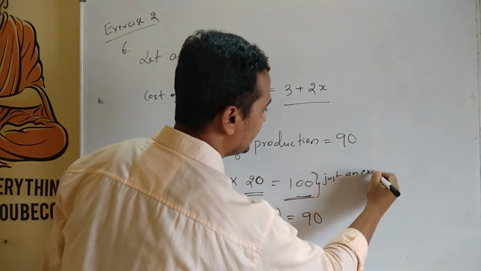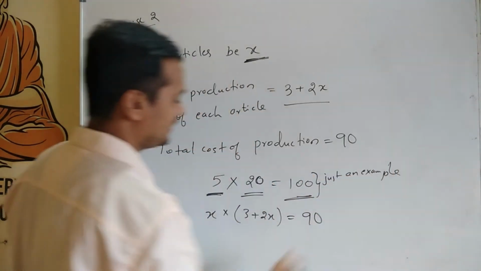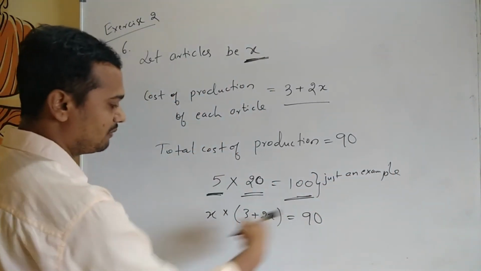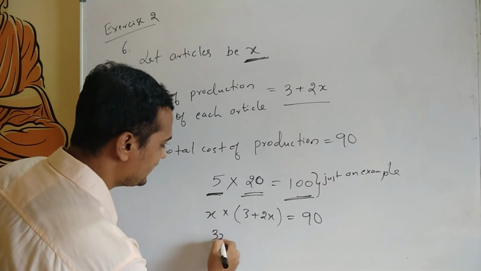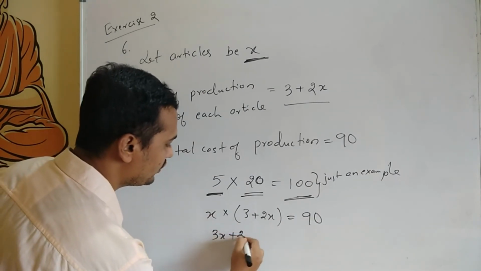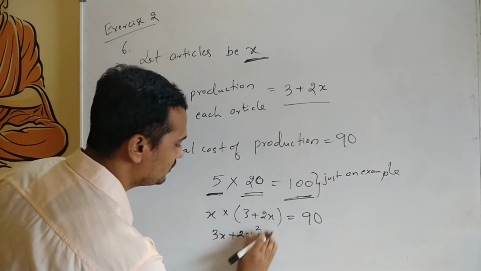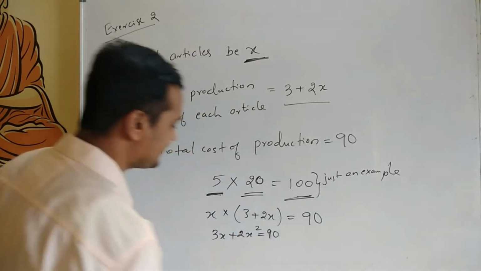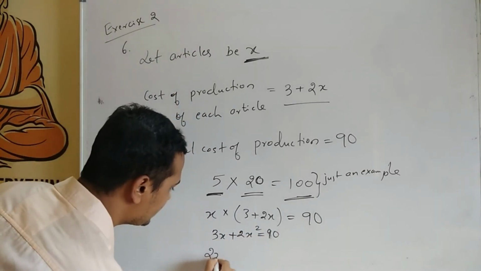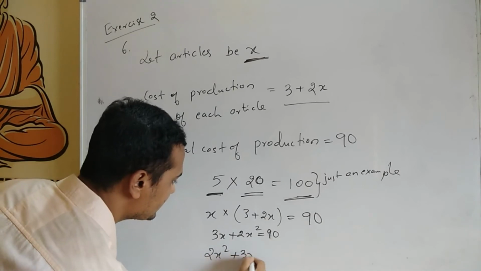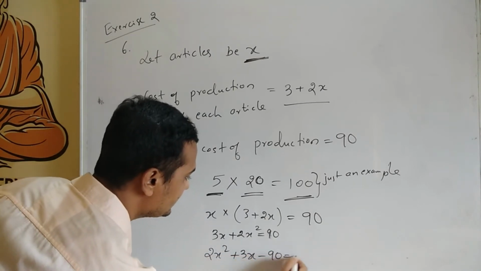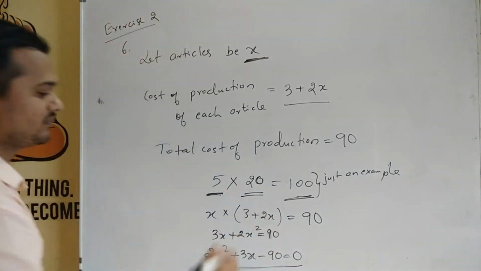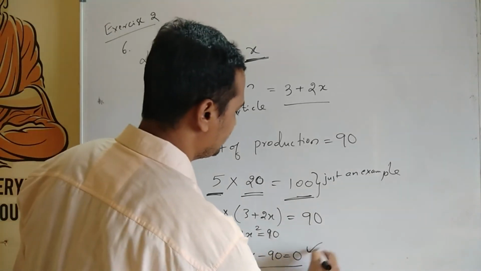So now multiply this one: 3 into x, 3x, x into 2x, 2x square, which is equal to 90. Now keep it in standard form. First x square, that is 2x square plus 3x minus 90 is equal to 0. Okay, so this is the required equation. Fine.